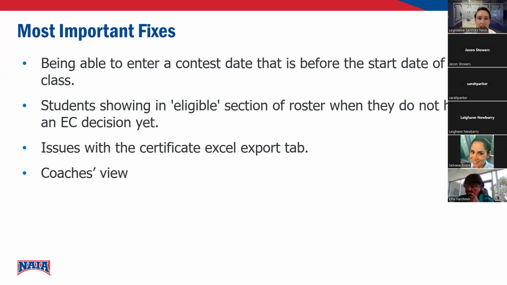Issues with the certificate Excel export tab. So again, as you're working through the certificate process, and you're getting to the point where you have included all your student athletes on the certificate that you have built, at the details section of the certificate, it will say Excel export. And so you are able to export your certificate to double check the data off of the Excel sheet before actually submitting this certificate to be signed by all 4 signers.